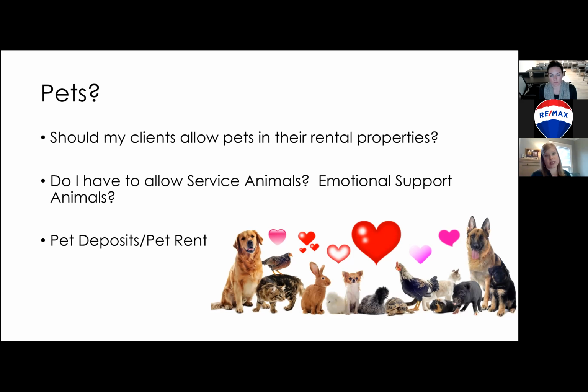I've got a great example why you don't decline emotional support or service animals. RMS team just took on an owner whose property was no pets, advertised everywhere, no pets. The tenant moves in and calls the owner and says, hey, my mom can't take these dogs anymore. I'm going to be bringing them.